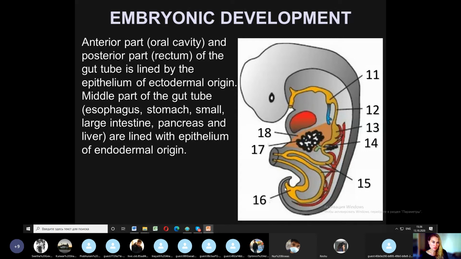Thus, the epithelium of the anal and oral cavity is derived from ectoderm, and other parts of the digestive tube, the middle part, as well as digestive glands, are lined by the endodermal origin epithelium.